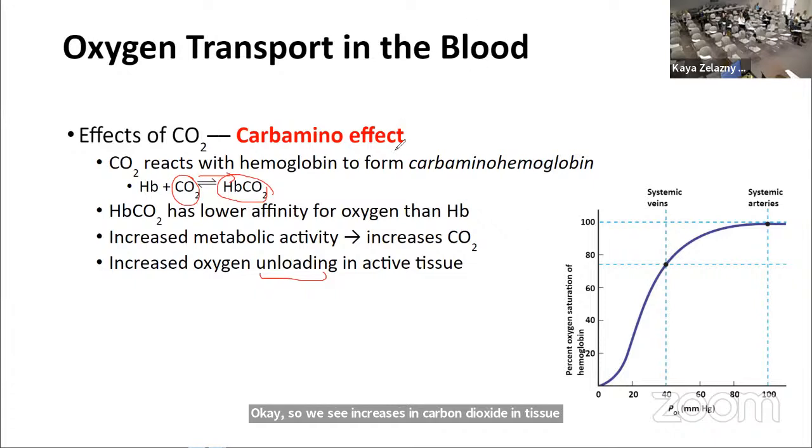So this effect is going to take place at that tissue, which is great because if you're making lots of carbon dioxide, this waste product means you're making lots of ATP. You're probably using a lot of oxygen. You want to get that oxygen more easily. You want it to unload more easily. So we'd also see a rightward shift, just like that last one here. So a right shift here means that we're unloading more easily. Okay.